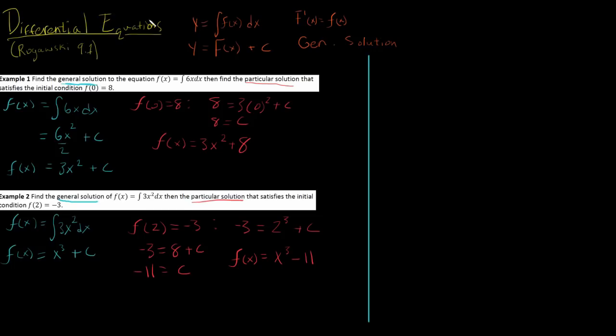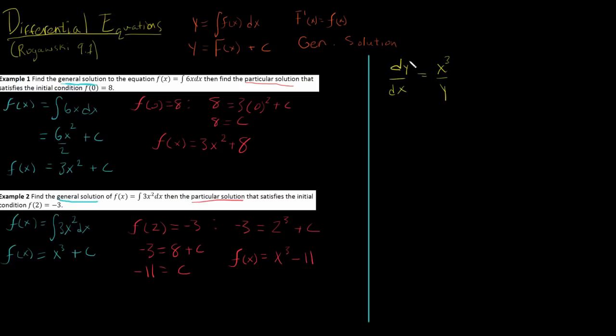Whenever we write something of the form dy dx is equal to, for example, x cubed over y, we call this a differential equation, where you have a derivative on one side and a mixture of x's and y's on the other. You're lucky if there are no y's, but sometimes there are.